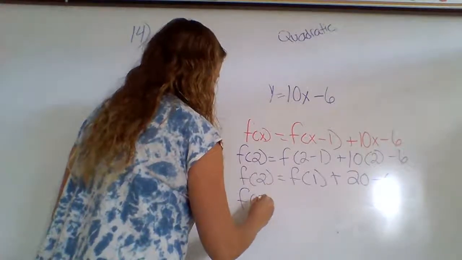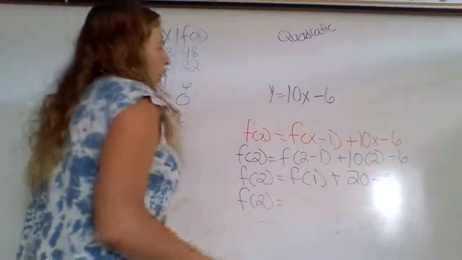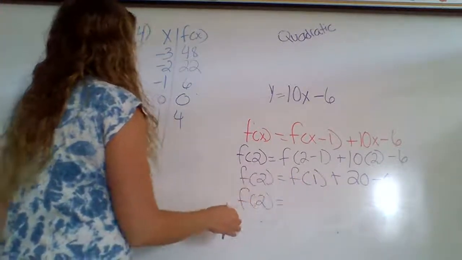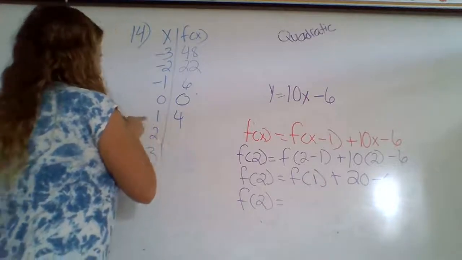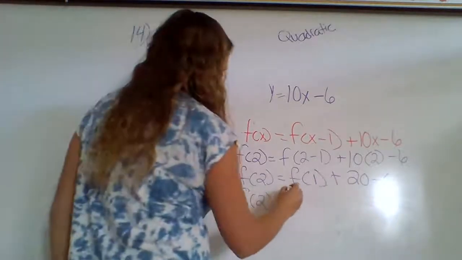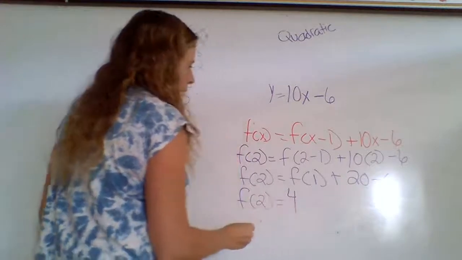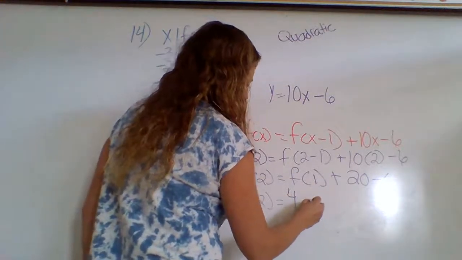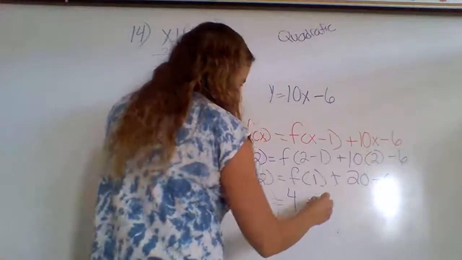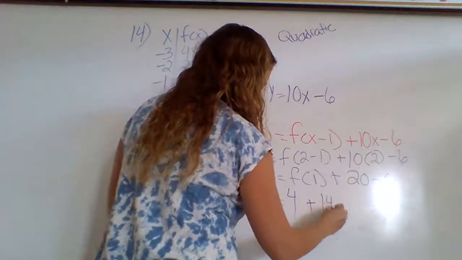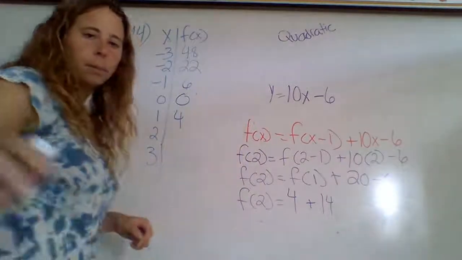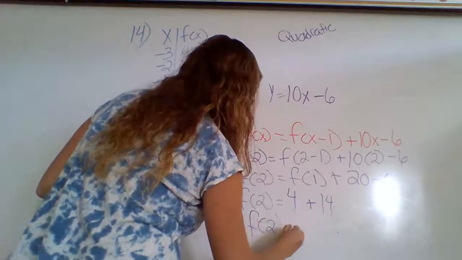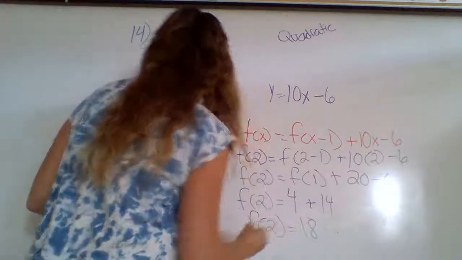F of 2 equals, what is f of 1? This is saying x equals 1, what is y? F of 1 is 4. 4, and then 20 minus 6 is 14. Oh yeah, we're good. So then f of 2 equals 4 plus 14 is 18.